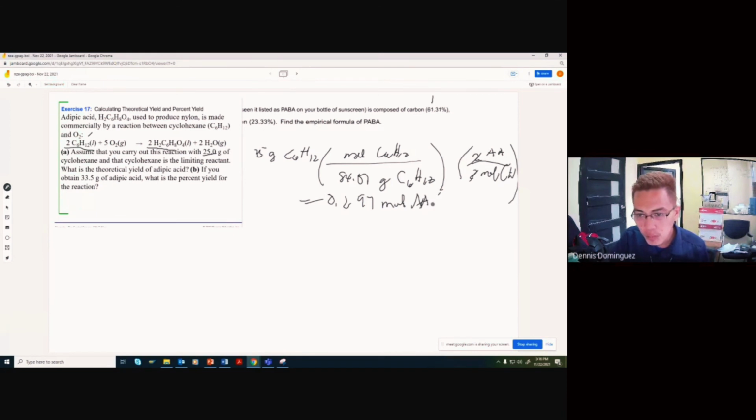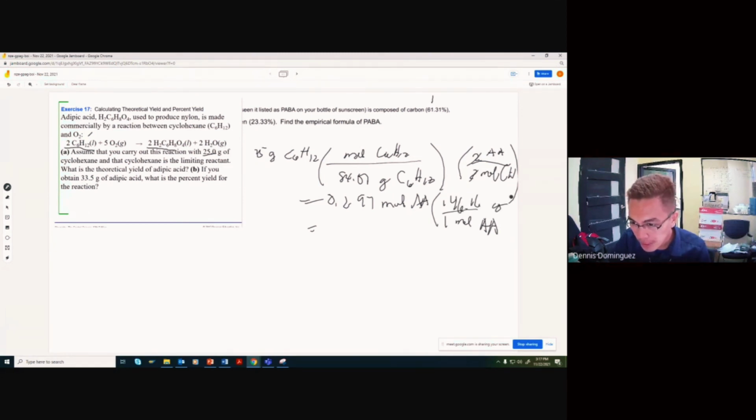Now, para makuha mo ang grams or the theoretical yield, kinahanglan nimo ang molecular weight sa adipic acid. So, adipic acid is 1.01 times 10, 10.1, plus 12.01 times 6, plus 16 times 4, that is 64, so 146.16 grams of your adipic acid per mole.